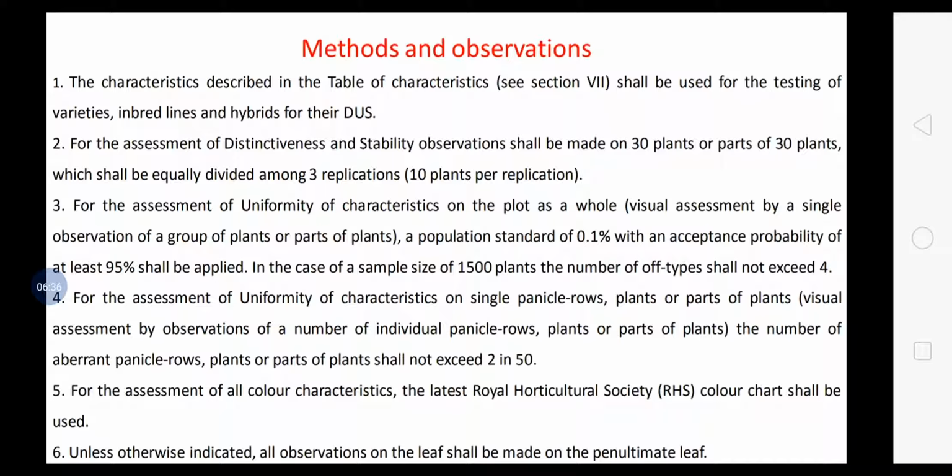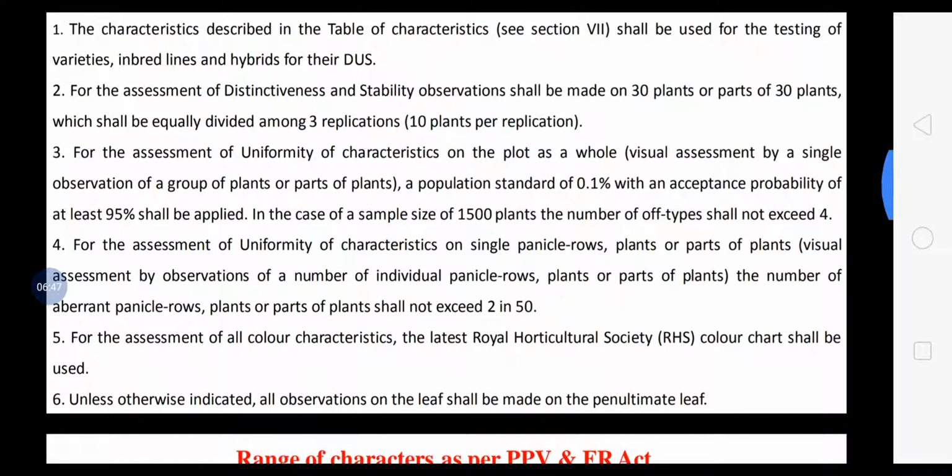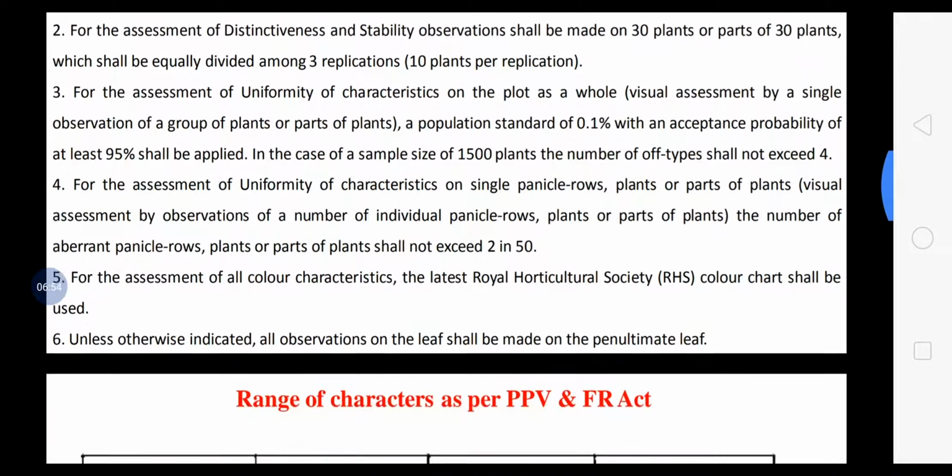For the assessment of all color characters, at least the latest Royal Horticultural Society color chart should be available with the observer. Unless otherwise indicated, all observations on the leaf shall be made on the penultimate leaf.